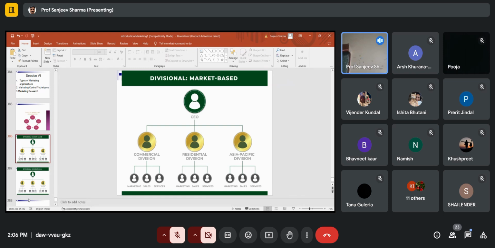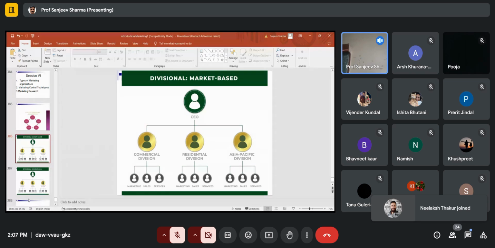So there may be an area manager in charge of say Punjab and Haryana. There is an area manager who is in charge of J&K. Below the area manager, there will be a territory manager in charge of, say, Amritsar, Gurdaspur. Territory manager in charge of Haryana, maybe Ropar. What are we doing?